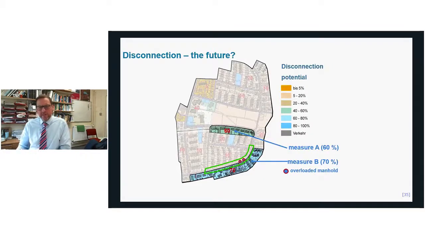So this is the final slide, and I think this is almost interesting. When I was a student, and that was a long time ago, to be honest, there was a lot of talk back then about what the future of urban drainage was, and back then it was about taking combined networks and decombining them.